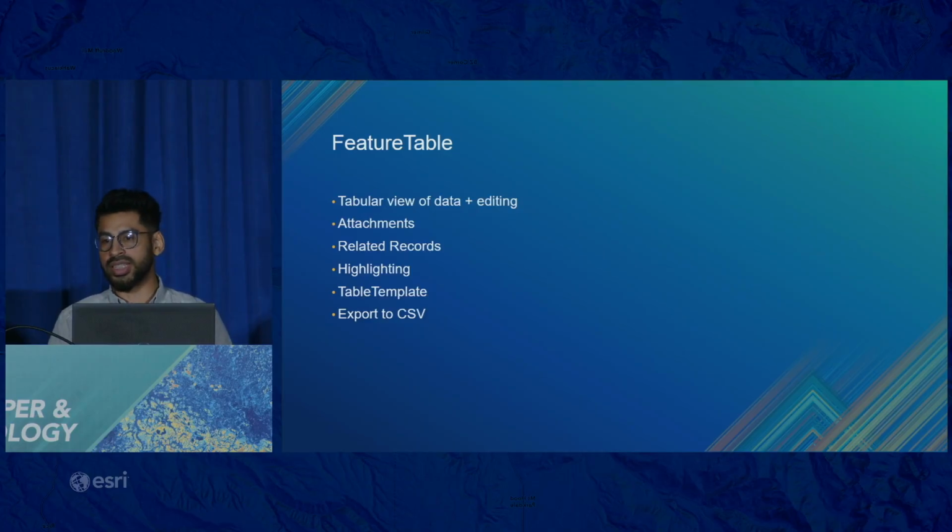We can also configure a table template, so you can configure which columns you want to show. And there is the recent capability of exporting to CSV. For point data, we export the geometry and the attributes, but for polygon and polyline, we just export the attributes for the export to CSV from the feature table.